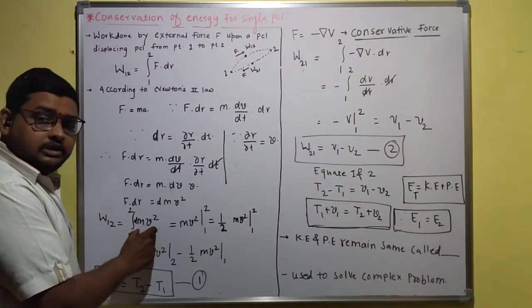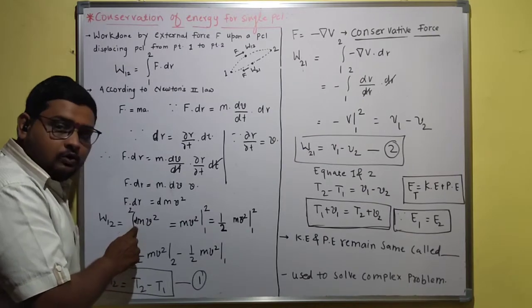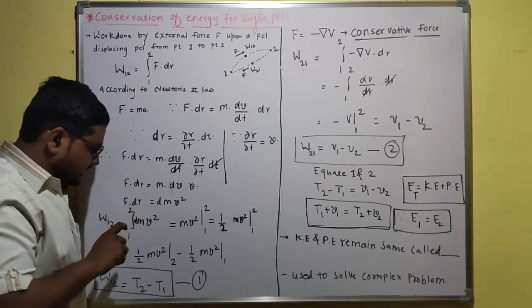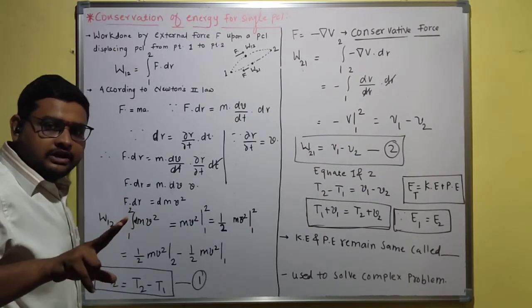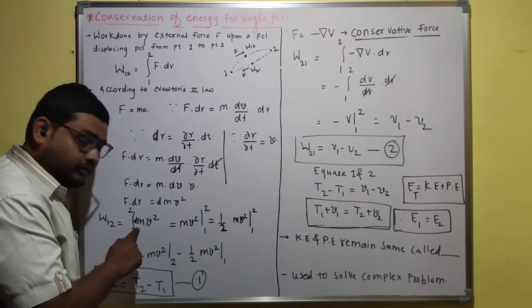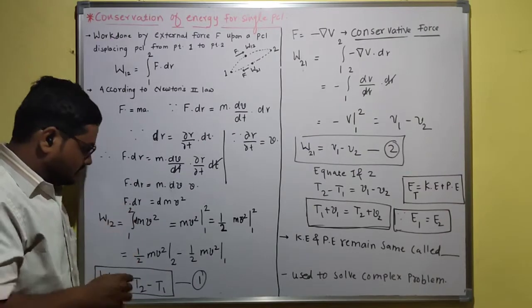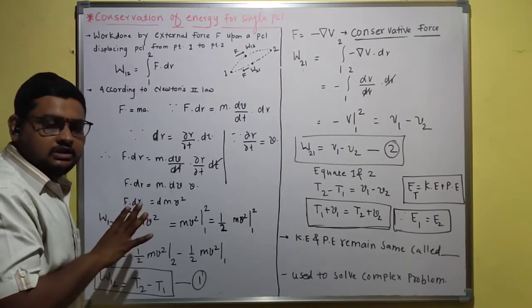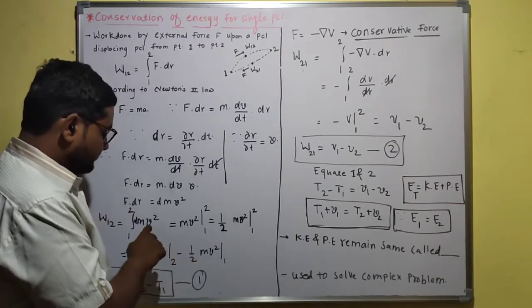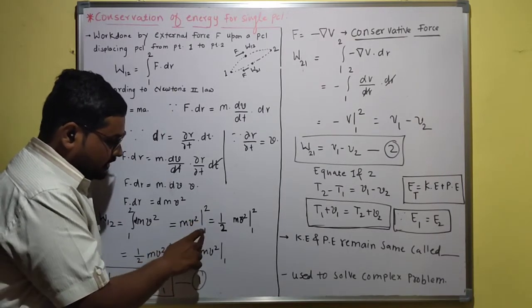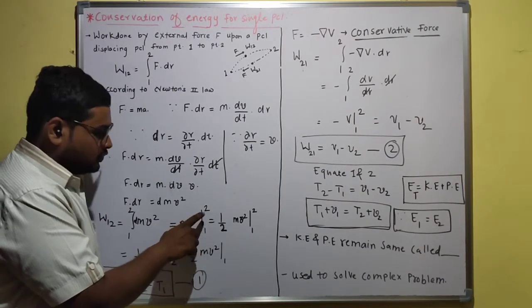This is our expression, but we know differentiation and integration are opposite operations. That's why the derivative and integration cancel each other, and just the limits remain. So we write half m v square with limits from 1 to 2.